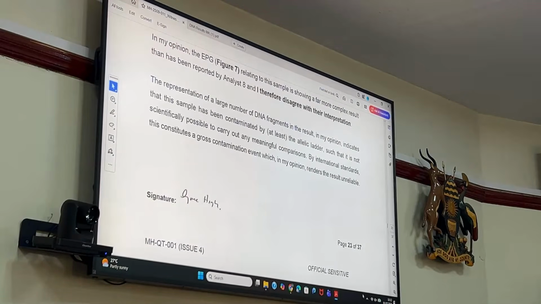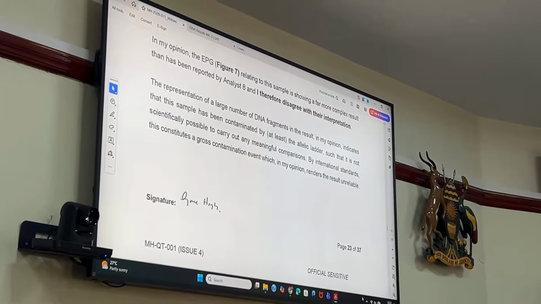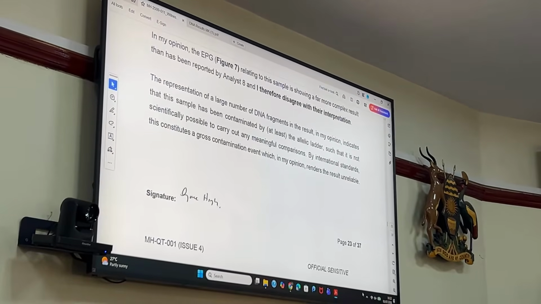Just let me put it together. You said it must stop running samples. Must it stop running samples in this case? They must stop completely.